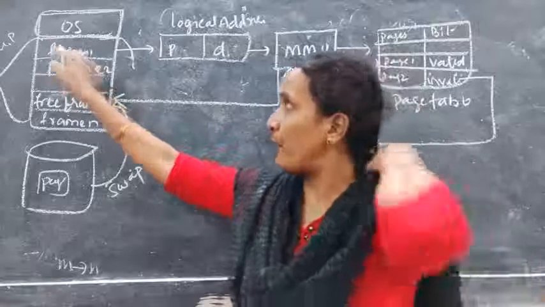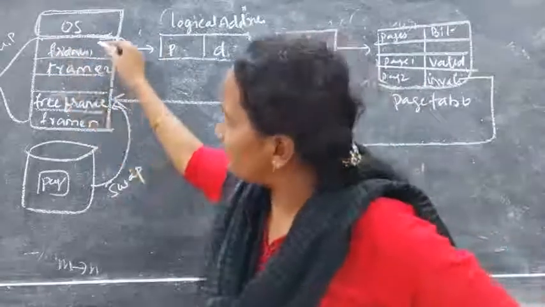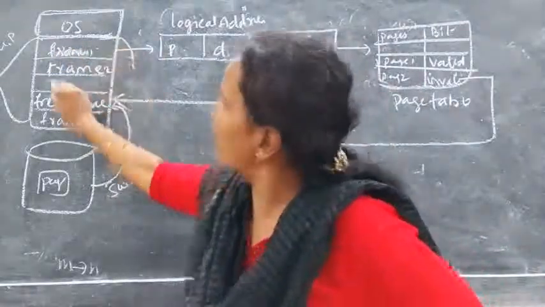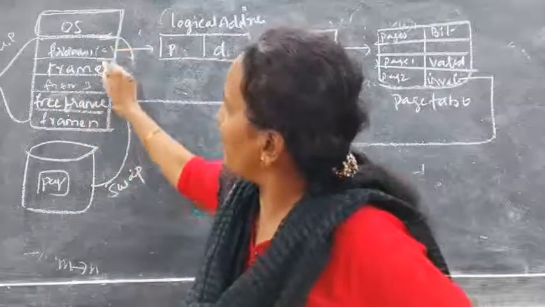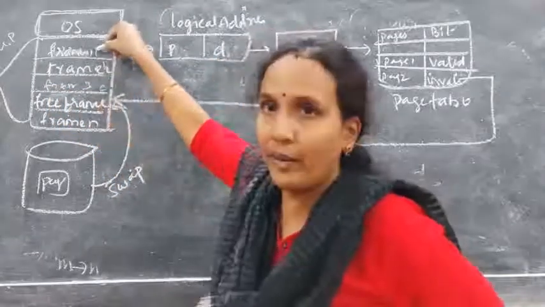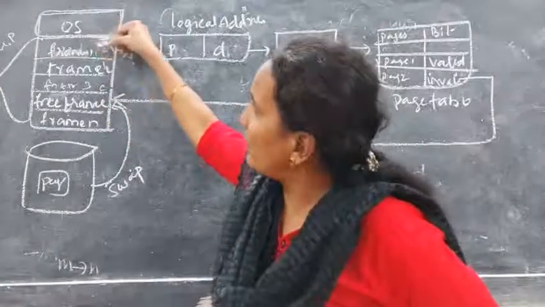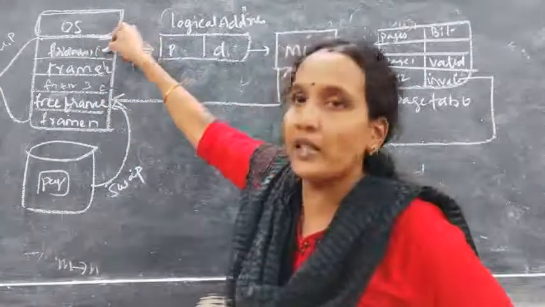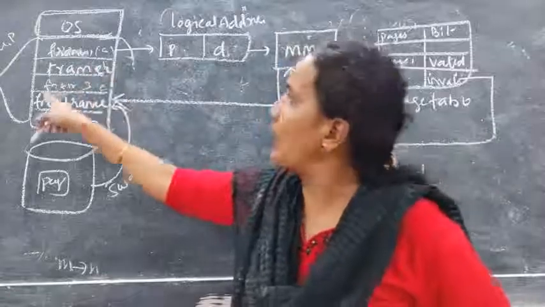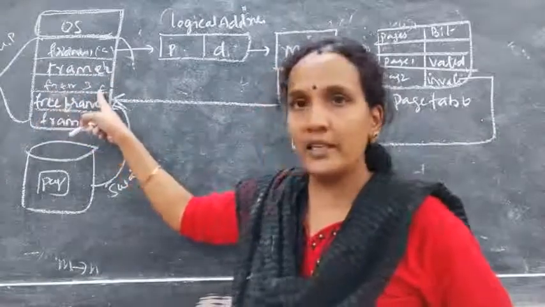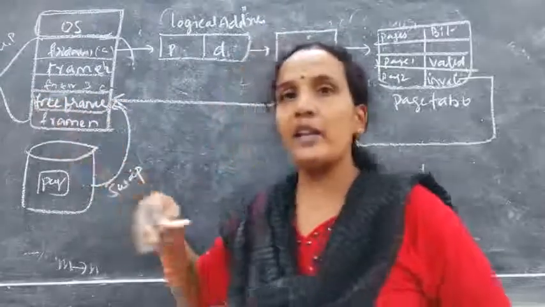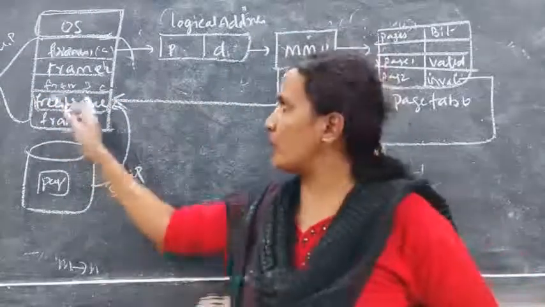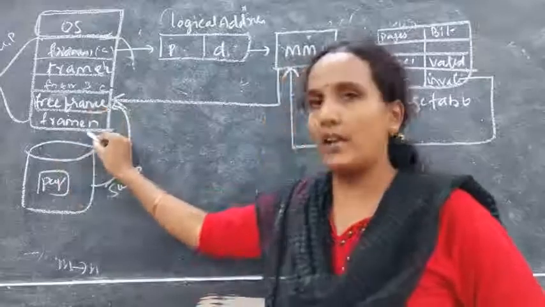For example, in frames 1, 2, 3 we have A, B, C: in this frame program A is executing, in this frame B is executing, and in this frame C is executing. And this frame is free, means you can load any other page based on the user requirement. And here we have n number of frames.